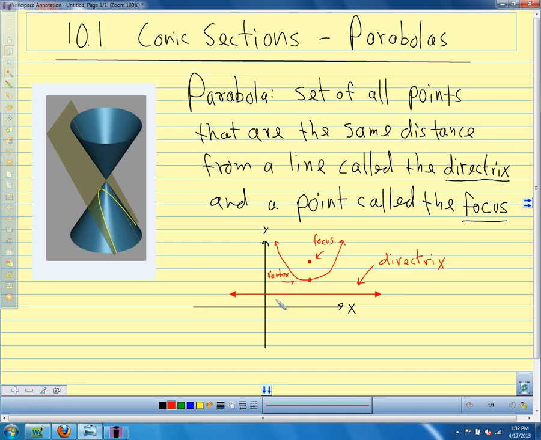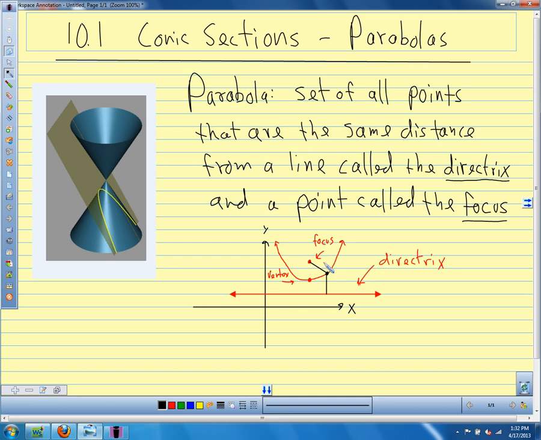What this definition tells us is that if I have a point here on the parabola, and I draw a line from the focus to that point, and I draw a line straight down to the directrix, the lengths of those two segments are the same.